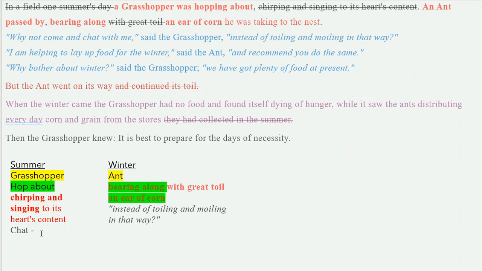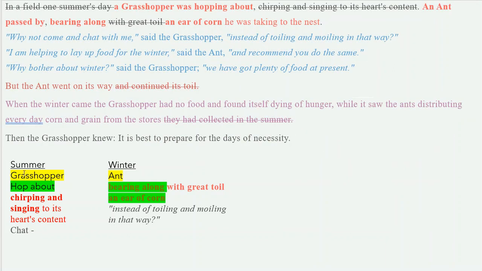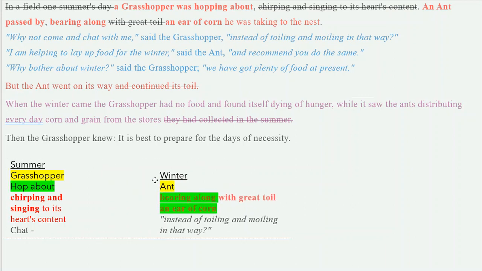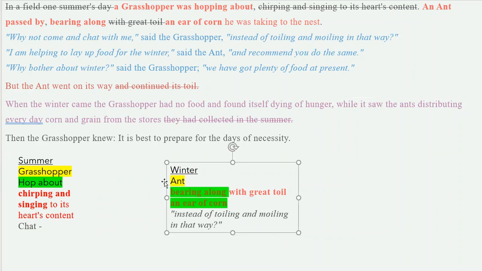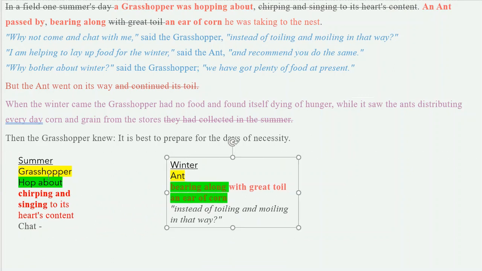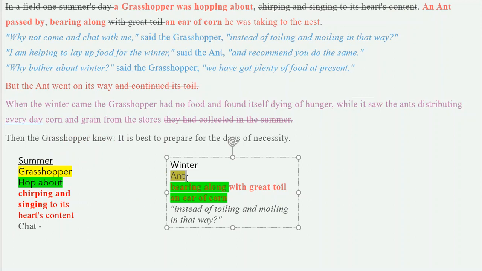As I see it, what we have learned so far, and I wonder what you have concluded from your little discussion, is that in order to plan a text, they actually created two contrasting things, right? The text has two contrasting elements, summer, winter. The attitude of the grasshopper in summer and the attitude of the ant towards winter, right?